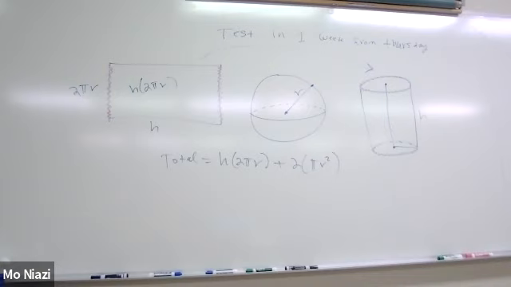From the problem, it says that the slant height is twice the length of the radius. So L is equivalent to 2R.